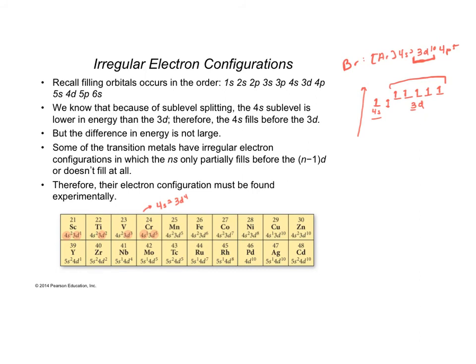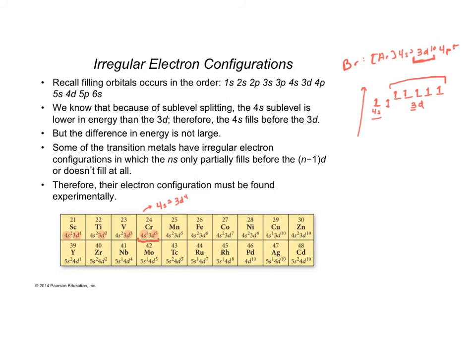That's just energetically more favorable. I can't necessarily explain why, just that half-filled shells tend to be more energetically favorable. So how do we know this is the case? For the majority of these, they have to be experimentally determined, and experimentally, chromium has 4s1, 3d5, okay?